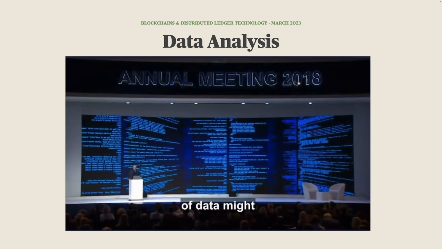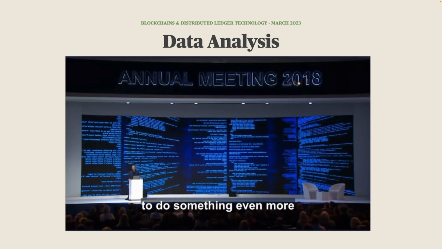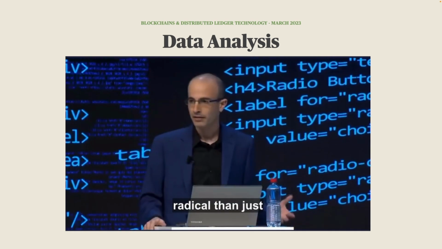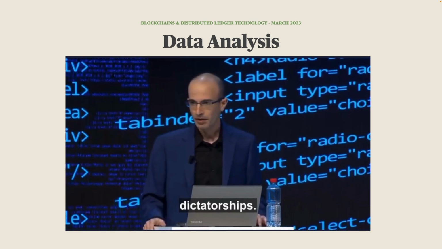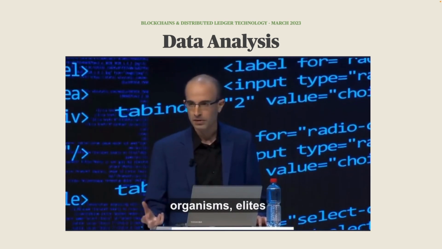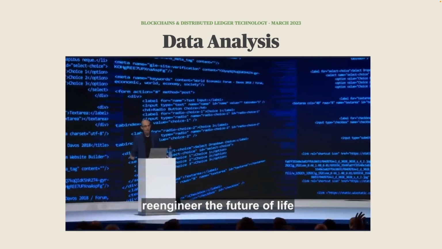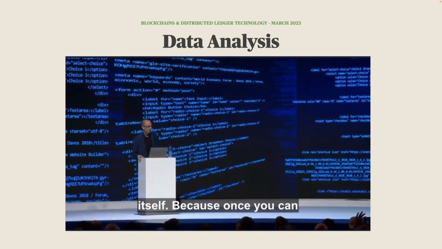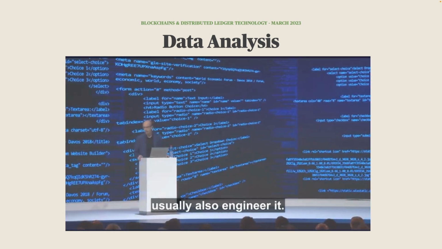But control of data might enable human elites to do something even more radical than just build digital dictatorships. By hacking organisms, elites may gain the power to re-engineer the future of life itself. Because once you can hack something, you can usually also engineer it.